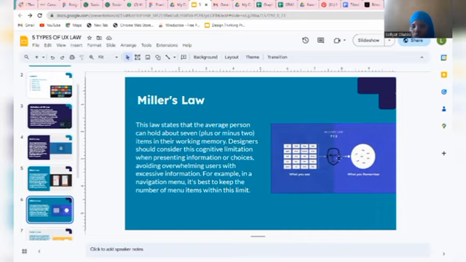So from the navigation too, instead of using more than 9, you can use 7 so that your user is able to see these are the things that are there. It will be easier for them and not overwhelming.